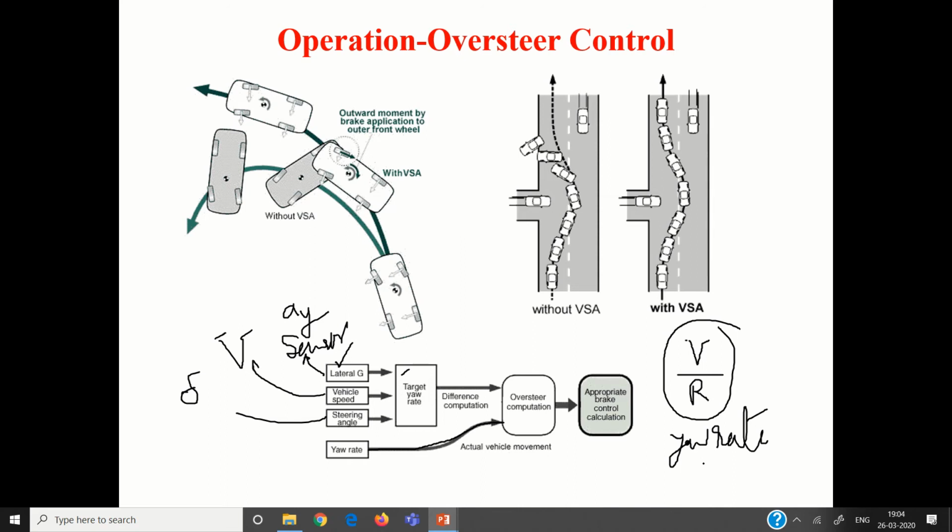So what is happening to the yaw rate gain will decide whether the vehicle is oversteering or understeering, and based on that the decision is taken. So here, this is the vehicle.